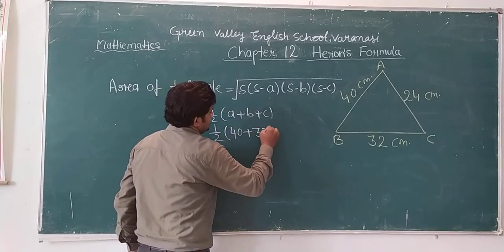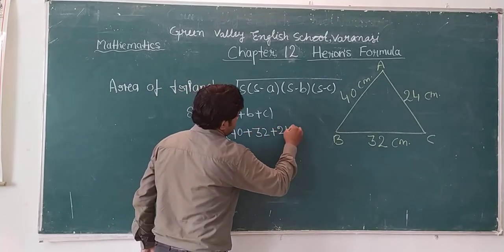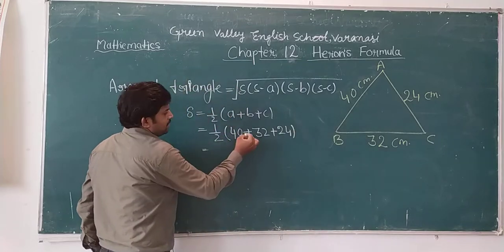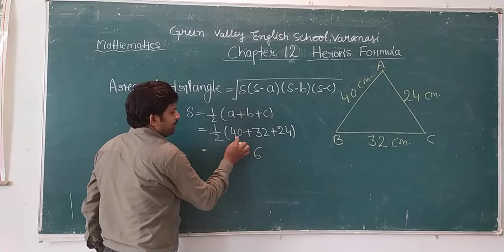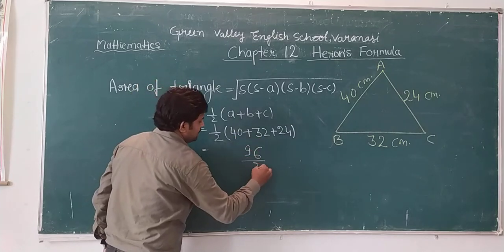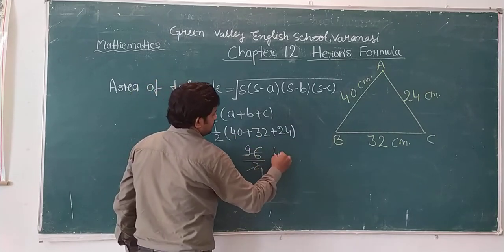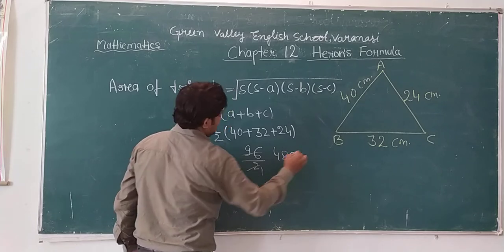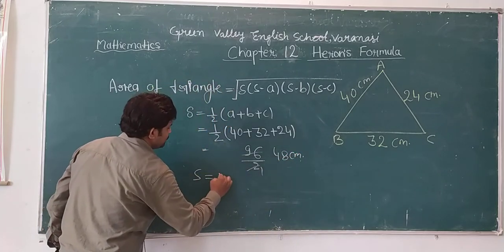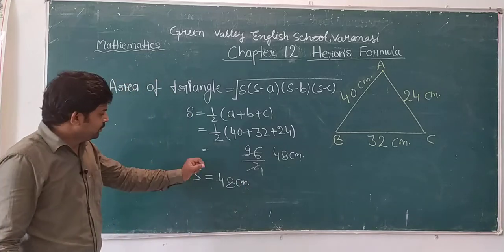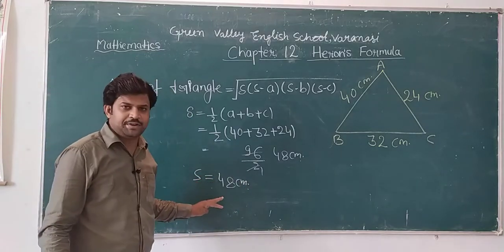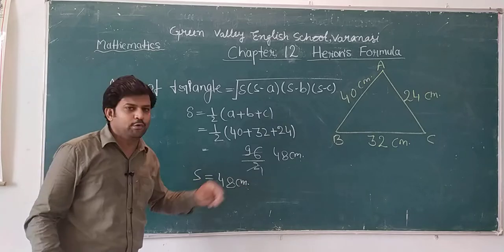40 plus 32 plus 24. 4 plus 2 is 6, 6 plus 3 is 9, and so on, giving 96, divided by 2, which is 48 centimeter. It means S is equal to 48 centimeter. Now we have the value of the semi-perimeter of the triangle. Semi-perimeter is 48.